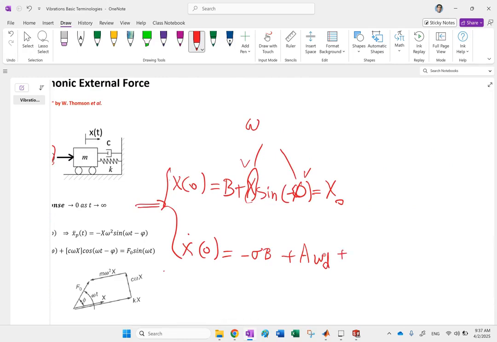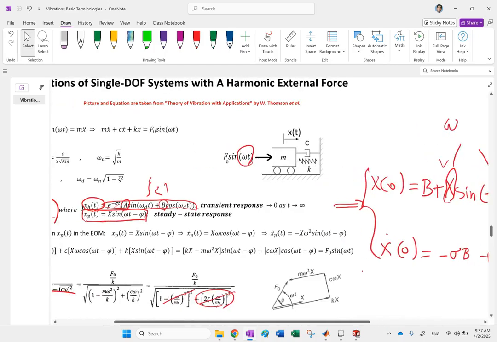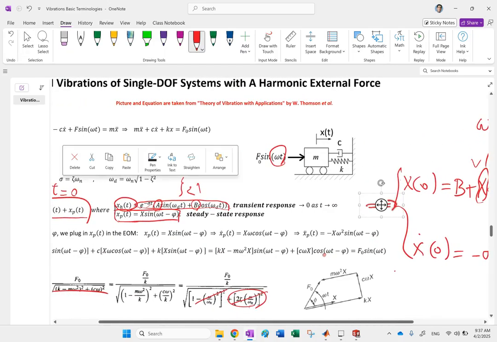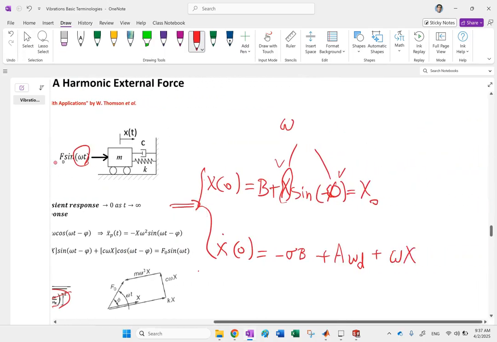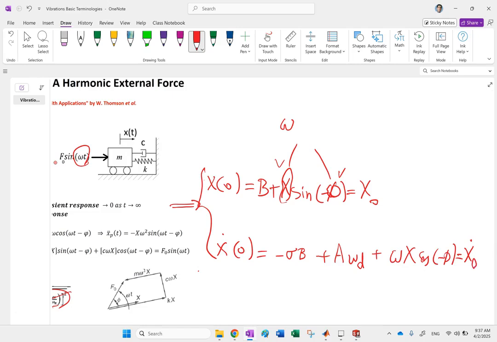And that plus the portion of the particular solution, which is the time derivative of sine omega t, which is omega cosine. So you are going to get omega x cosine of omega t minus phi at t equals 0, so cosine of negative phi. This thing is going to be x dot 0.